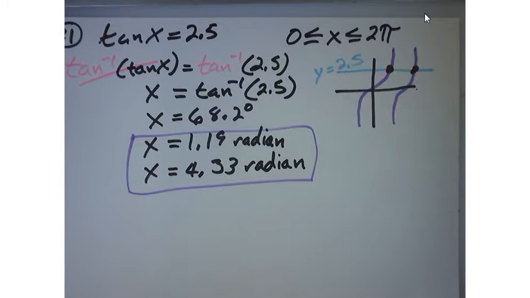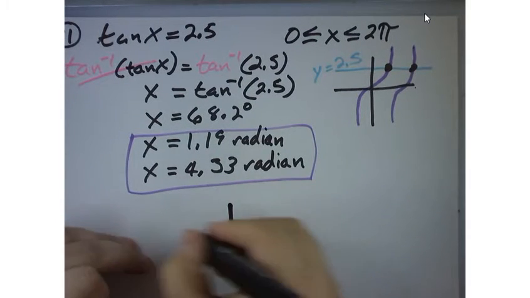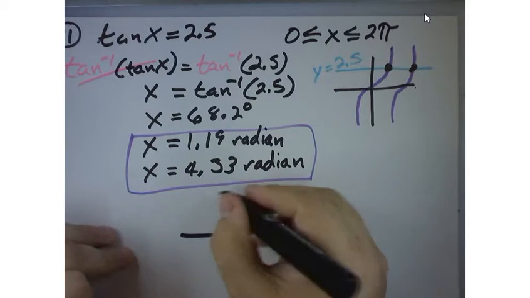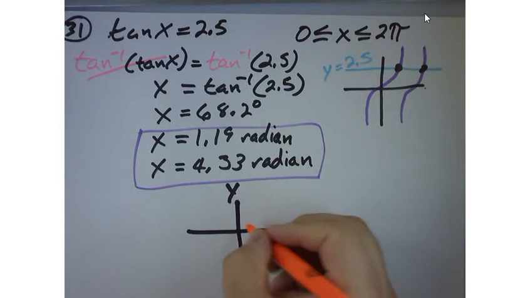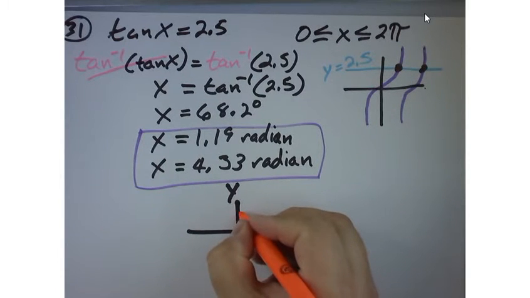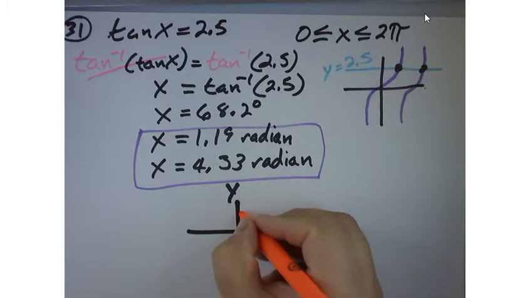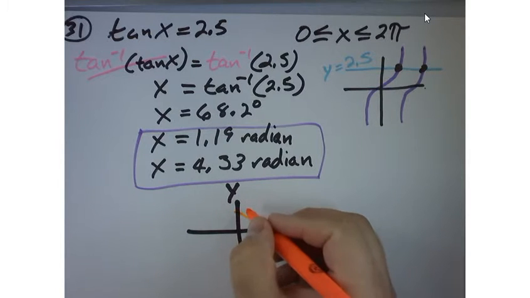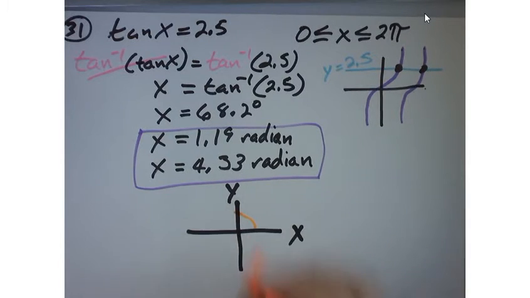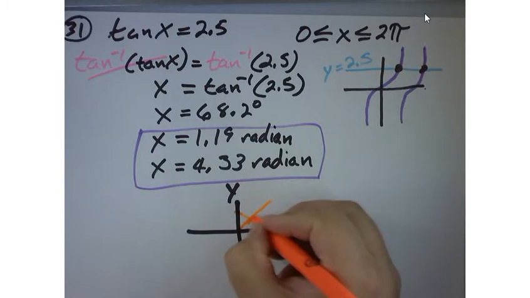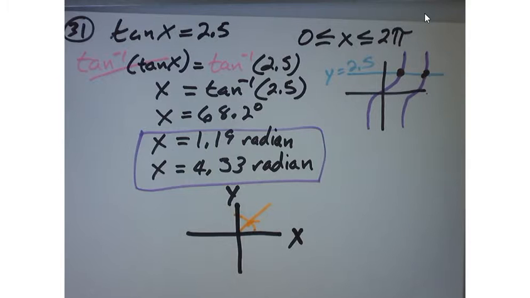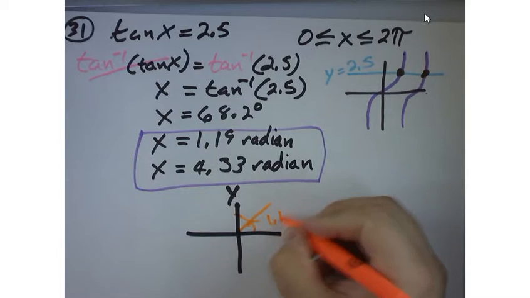This is based on a standard circle, right? We're saying that if I come around 1.19 radians, which is, well, it's not that far. It's 68 degrees. I drew it kind of far. So it'd be right around here. This is 1.19 radians.